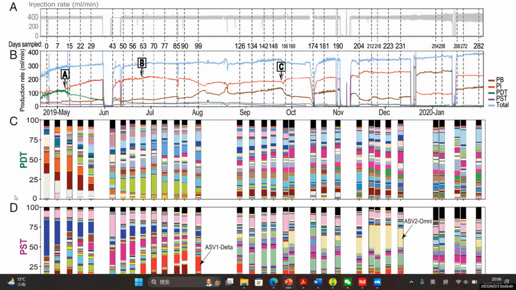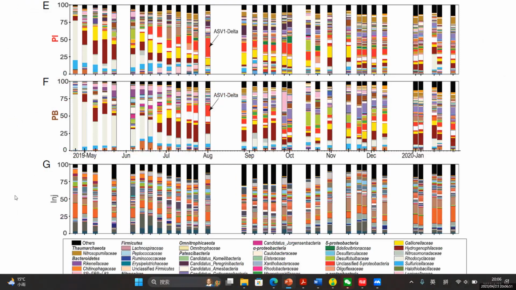C, D, and E, F, G, they are different boreholes. So they show the top 10 microbial compositions of each borehole on different sampling days.